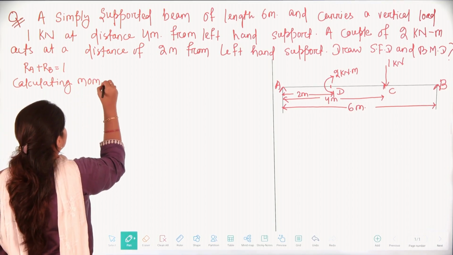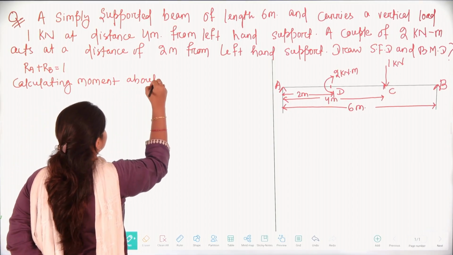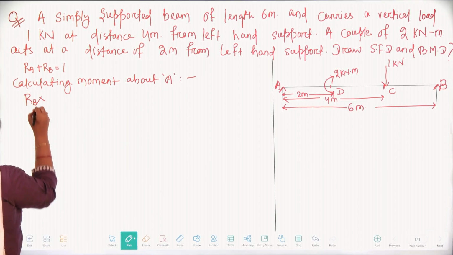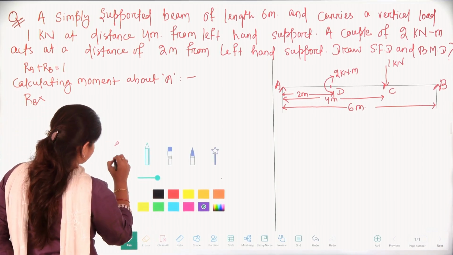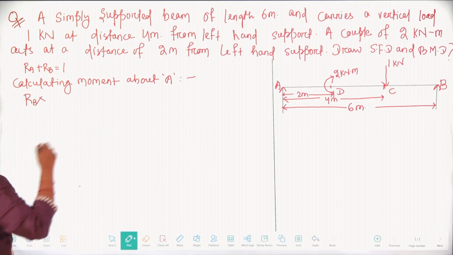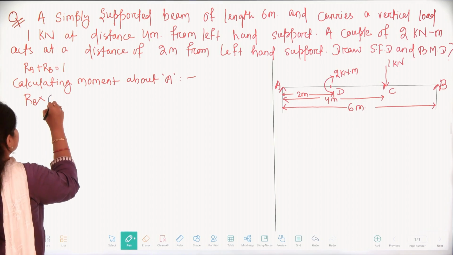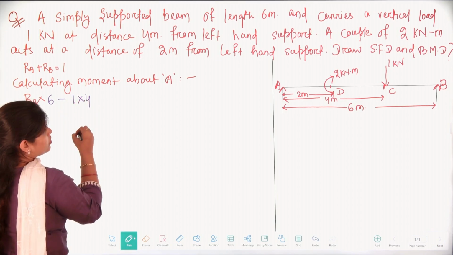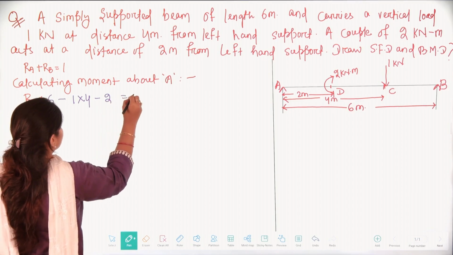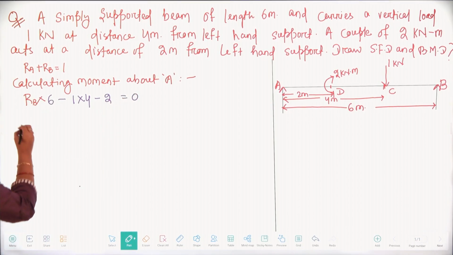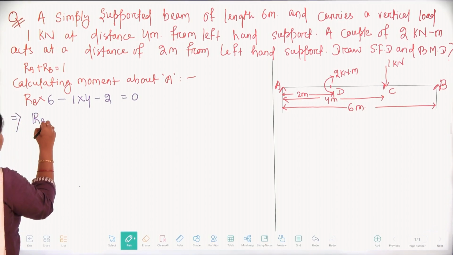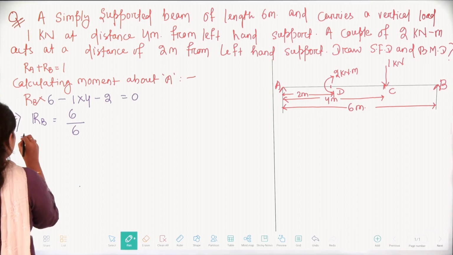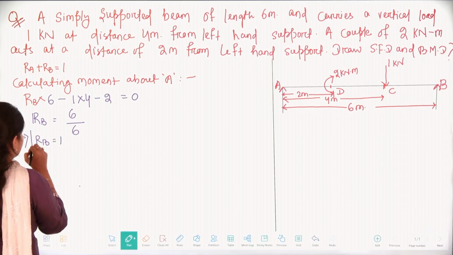Calculating moment about A. So we will have RB multiply with 6 meter minus 1 into 4 minus 2, that will be 0. Okay. So here RB will be 4 plus 2, it will be 6 divided by 6 and here we have RB equal to 1.